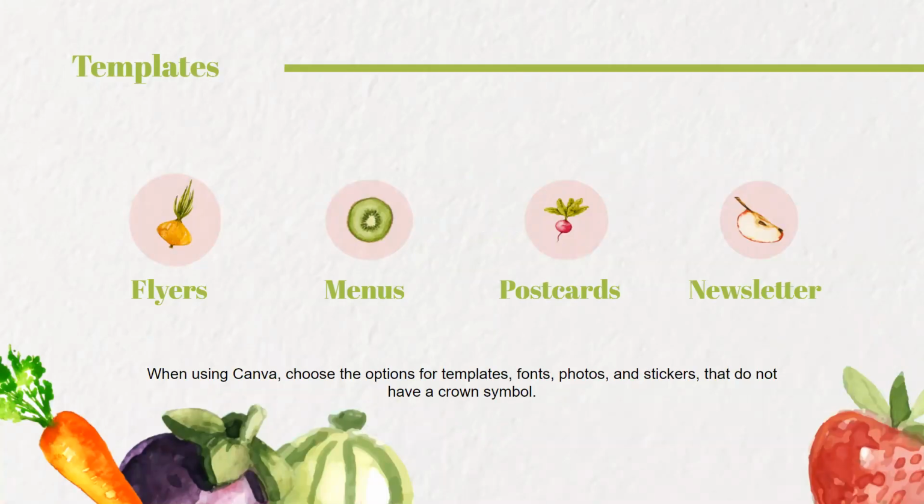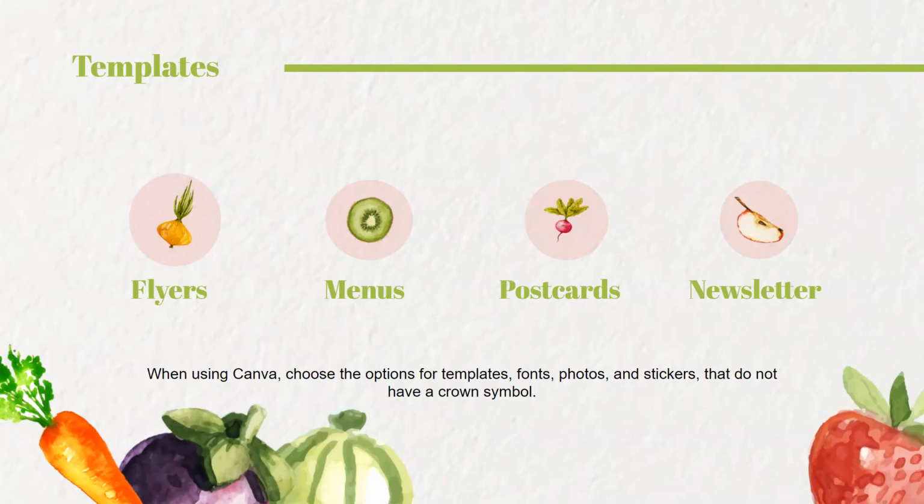Here are just a couple of the different ones that we can use to make our own book. We can use the flyers, menus, postcards, newsletters. There's a whole bunch more. You can use a presentation one, business memo.